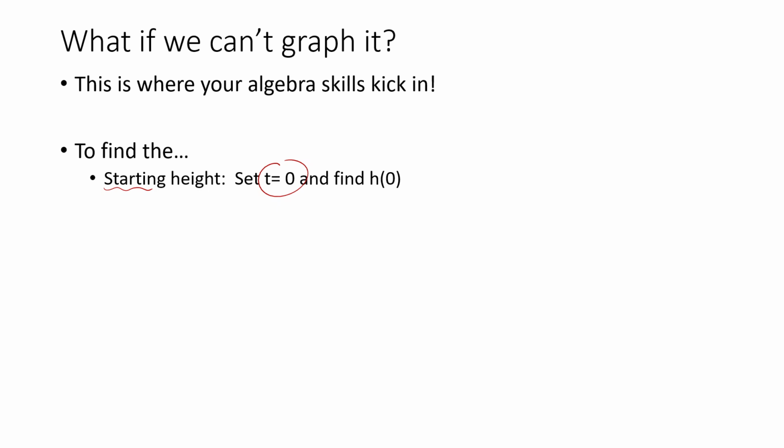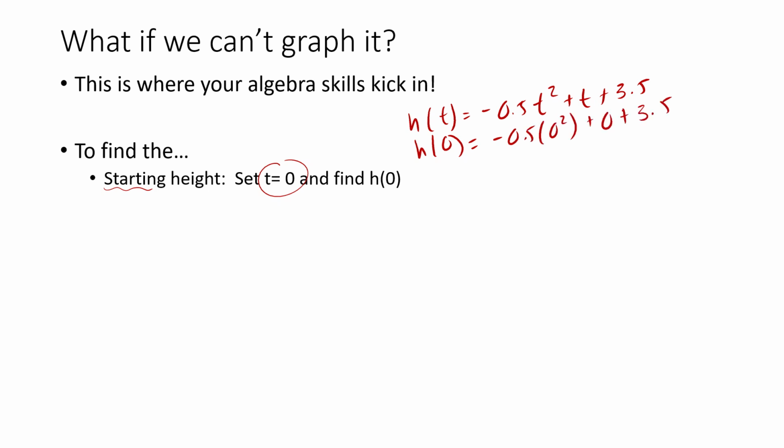So whatever that function is, okay, so we had this plus 3.5, and we're going to plug in the 0, and I love zeros. They're the best. And we end up with h of 0 equals 3.5, or the c value.